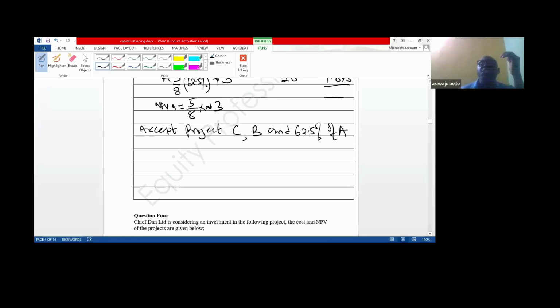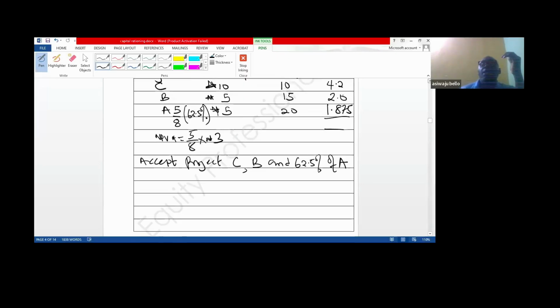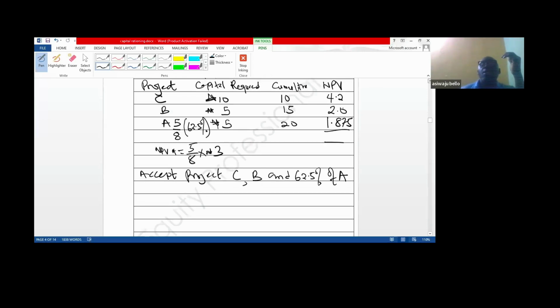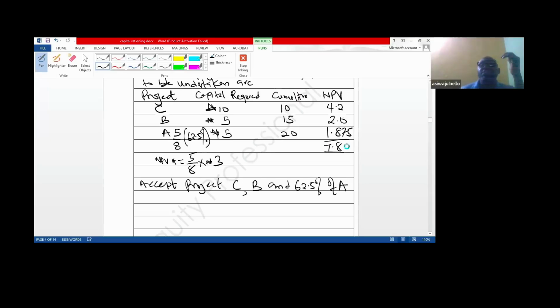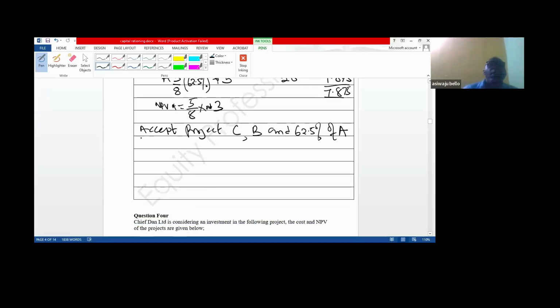Now the company will achieve, please sum up. If you take this, add the NPV, 7.875. Full stop.